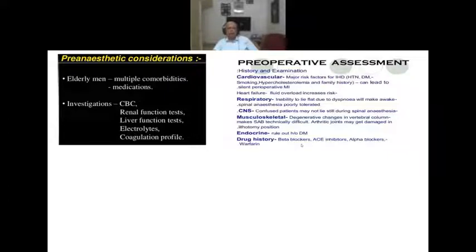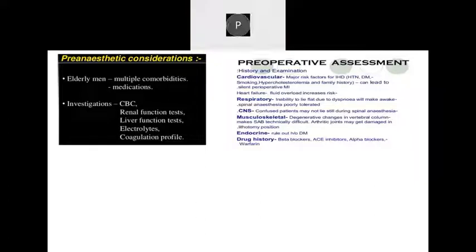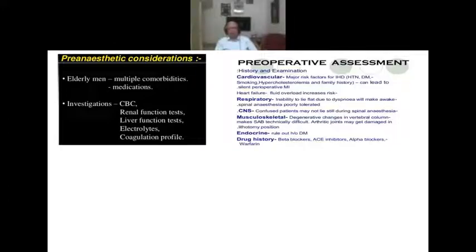So what is your idea about oral hypoglycemic agents? Will you stop them, continue with them, or switch over to insulin? Stop them, switch over to insulin. Supposing he has good control with, say, metformin and sulfonylureas.